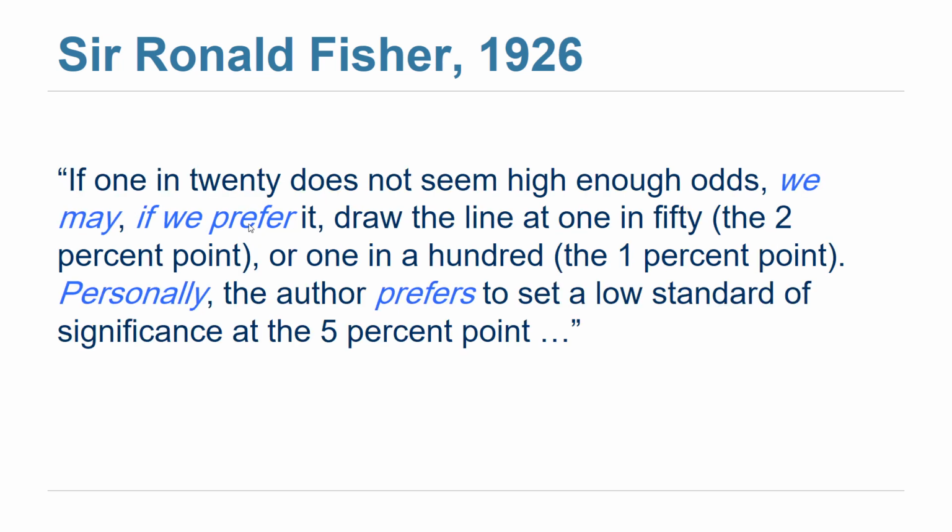In another paper, he also said, if 1 in 20 doesn't seem high enough odds, and 1 in 20 of course means 5%, we may, if we prefer it, draw the line at 1 in 50, which means 2%, or 1 in 100, which means 1%. So it is very clear that it is subjective; if you prefer, you can draw the line at 2% or 1%.